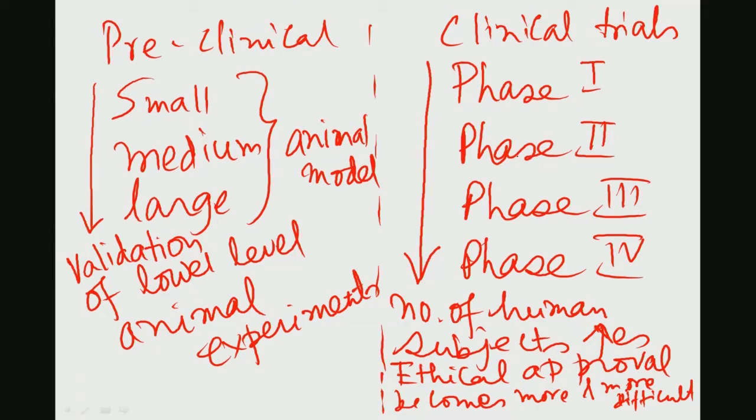Now, if any clinical trial involves only the phase 1 trial, the ethical committee's approval is absolutely necessary, but it may be a little less strict or less difficult compared to the case when one is planning to conduct clinical trials up to phase 3.